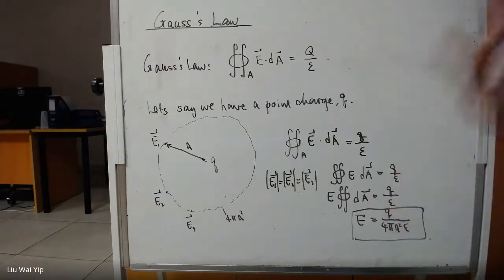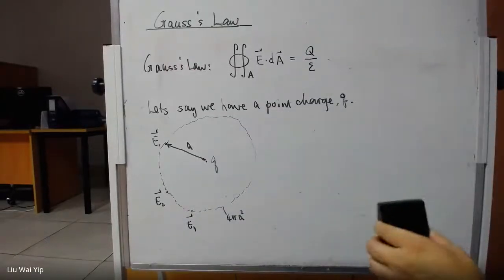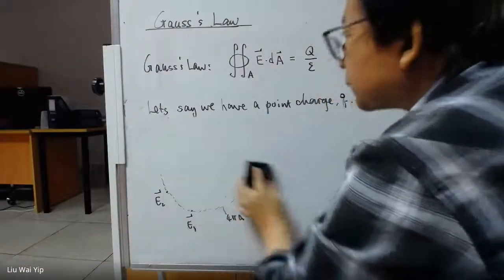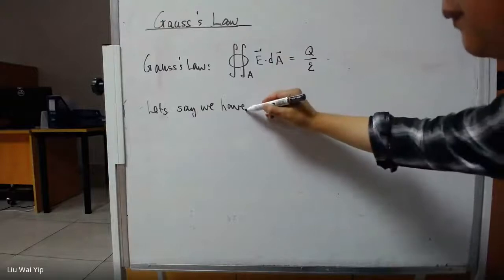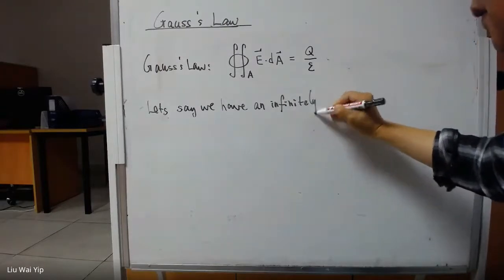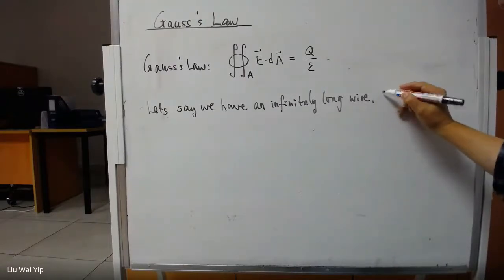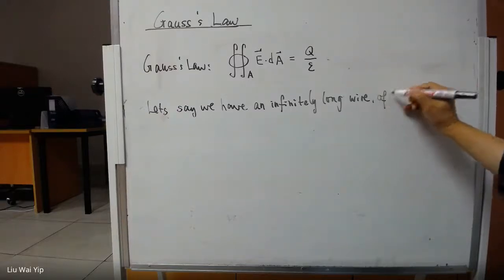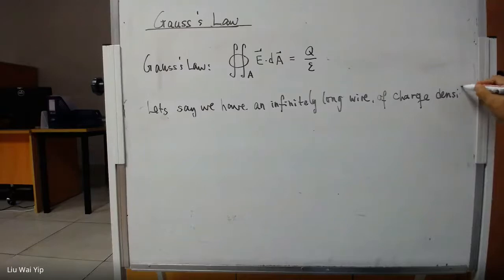Let's take a look at one more example. Let's say we have an infinitely long wire of charge density lambda, and we are going to find out the electric field.